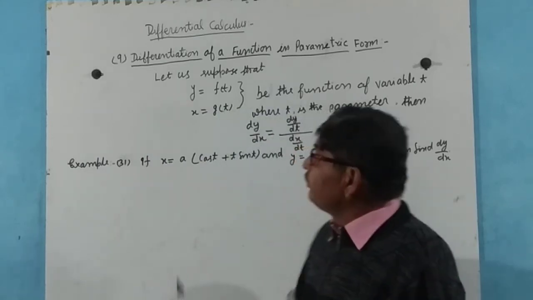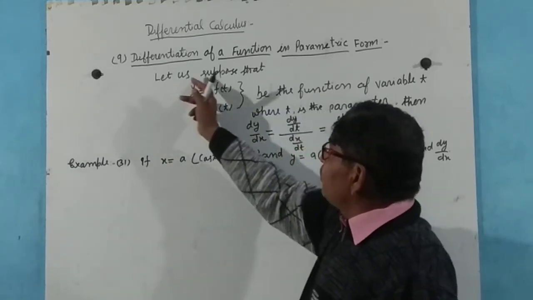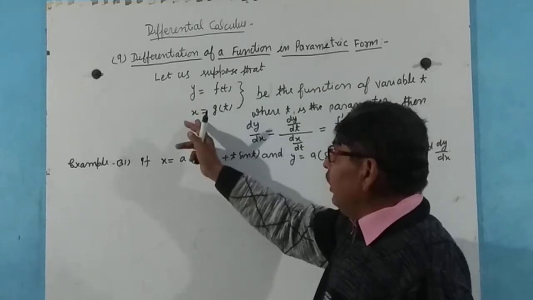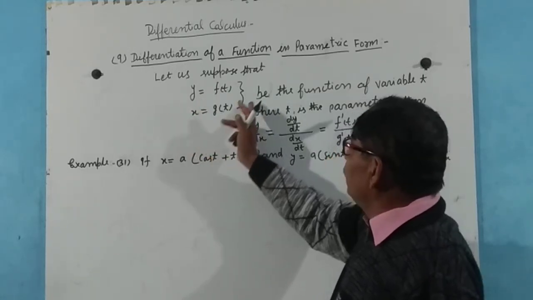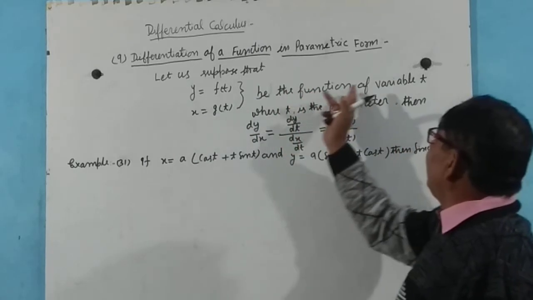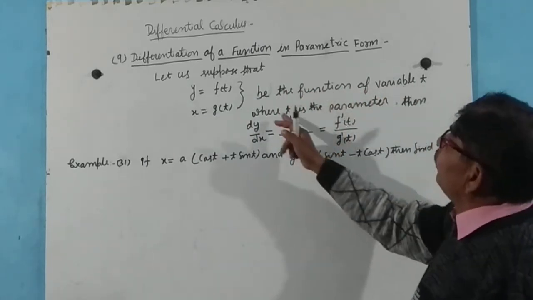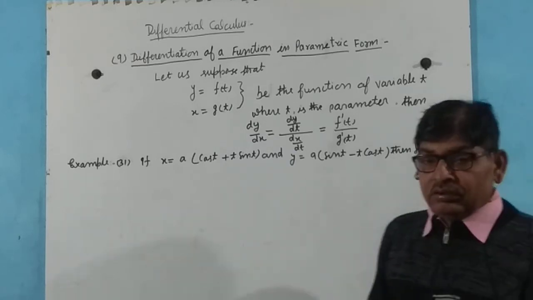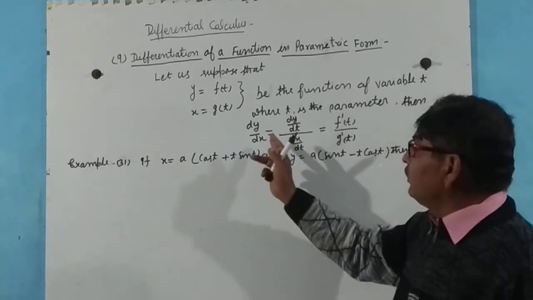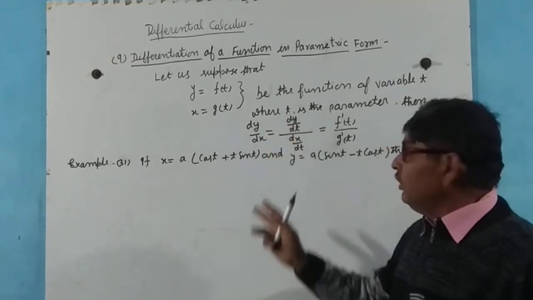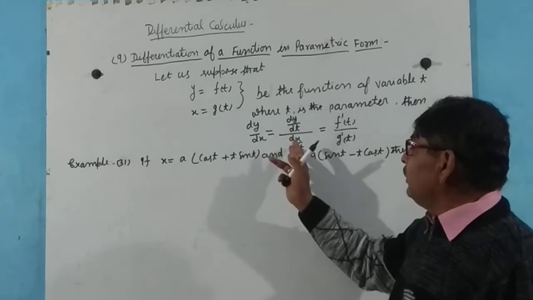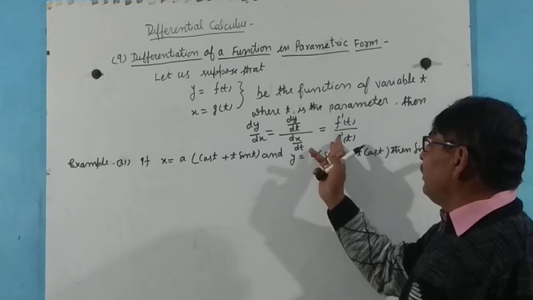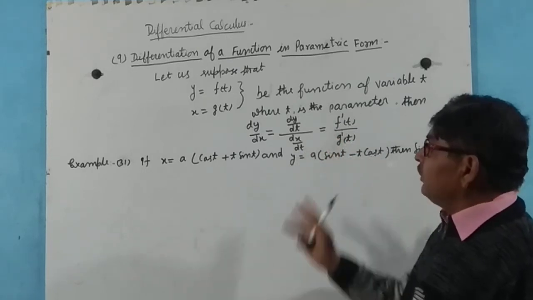Let us suppose that y is equal to f(t) and x is equal to g(t) be the functions of the variable t, where t is the parameter. Then dy by dx equals dy by dt divided by dx by dt, that is, f dash t divided by g dash t.